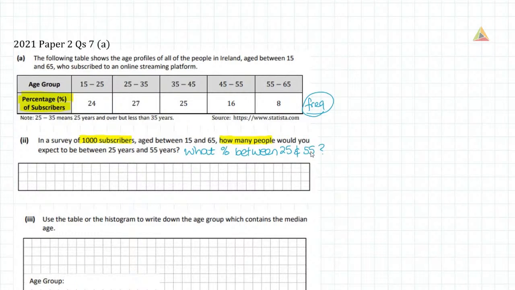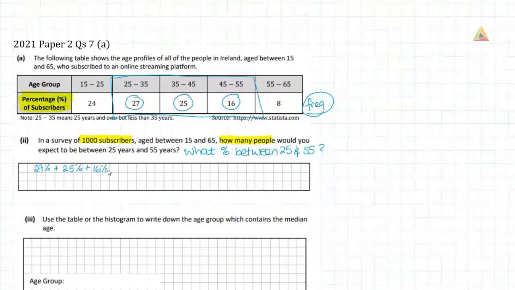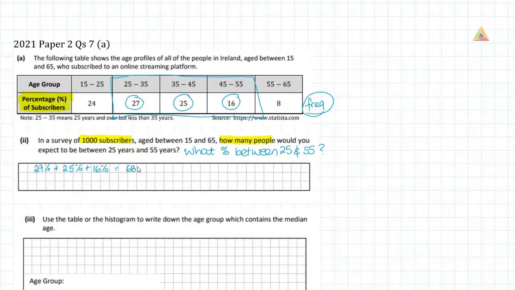When we look at the table, the subscribers that are between 25 and 55 are in this group, and in this group, and in this group. So we have 3 groups that make up all the subscribers between 25 and 55. So we're going to be saying 27% and 25% and 16%. When we add those together, that is a total of 68% of all the subscribers.